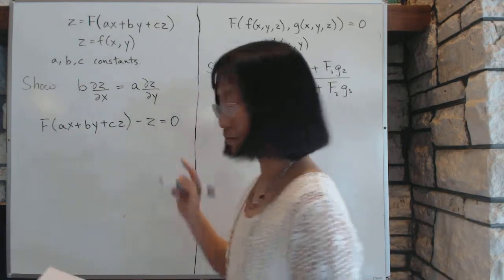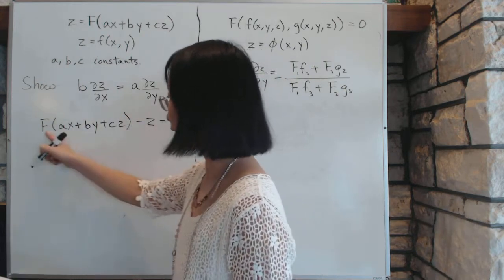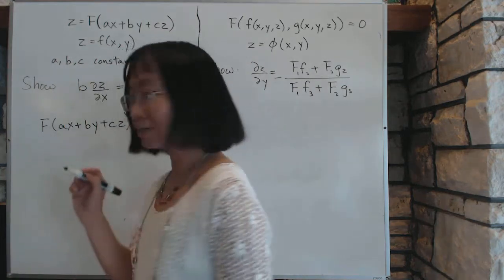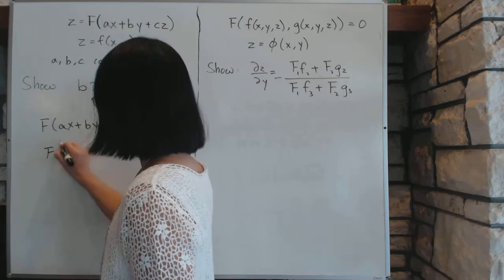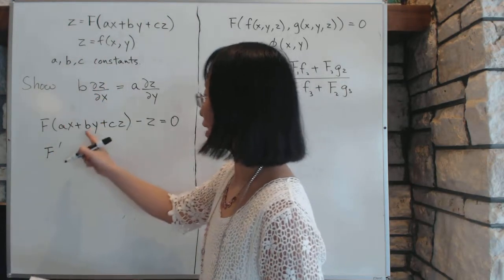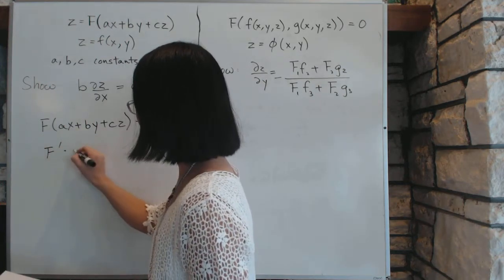And we're going to take partial derivatives. Now F has only one variable, as the big F does. So we will take the derivative by the composite rule. Then we have F prime. We're taking the partial derivative with respect to x, so then we will have it multiplied by a, since x just has a.